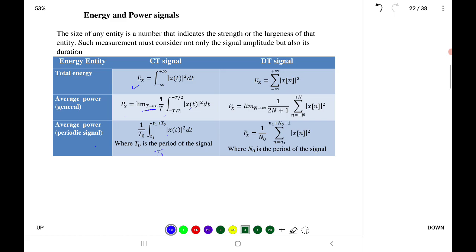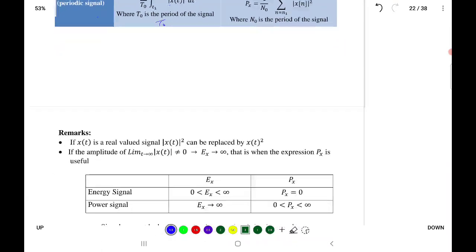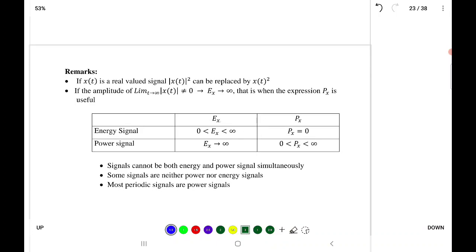Then what happens? After you find the energy and the power, you have conditions. If the energy you calculated is less than infinity, it means it's a definite value. In this case, the signal will be called an energy signal. And by the way, once the energy is finite, you'll find that the power is equal to 0.